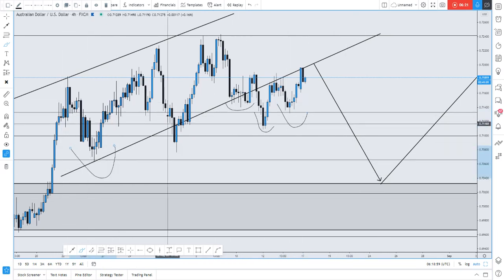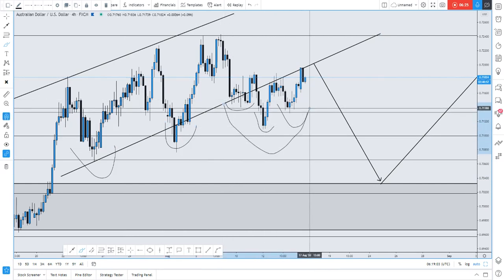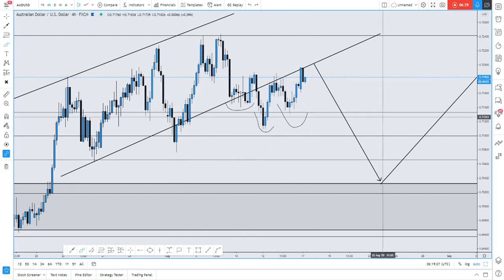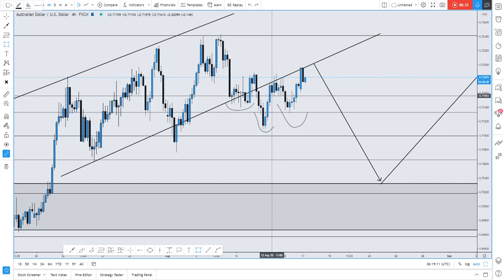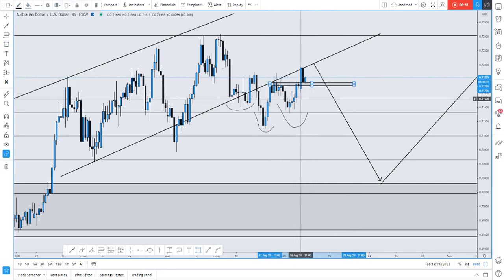This is the left shoulder, the head, and the right shoulder, not your typical type of head and shoulders, which is actually another confluence that there is a huge tendency that price will move to the upside. And also looking at this area, this is a previous area of structure, and price should be ready to project to the upside from this level.